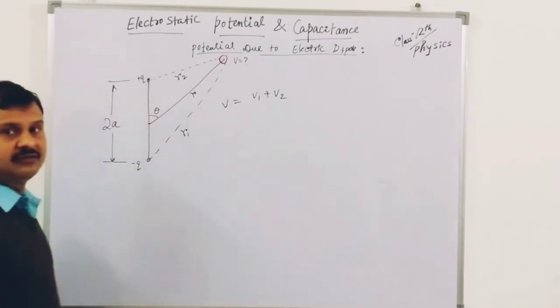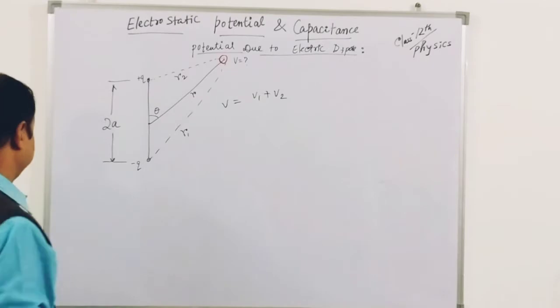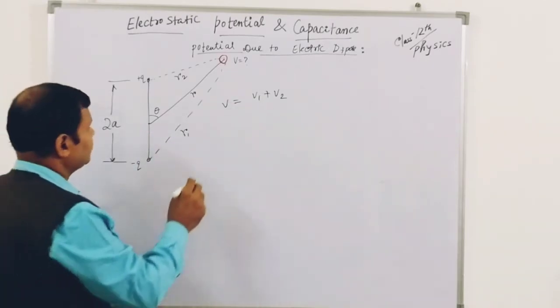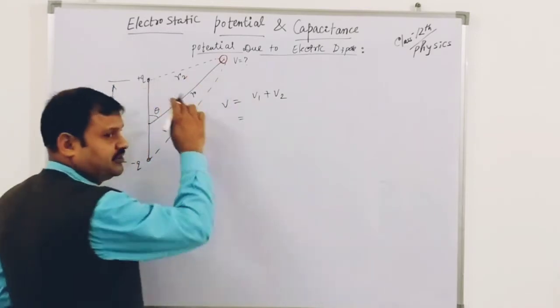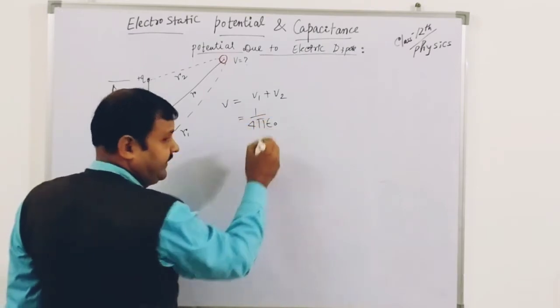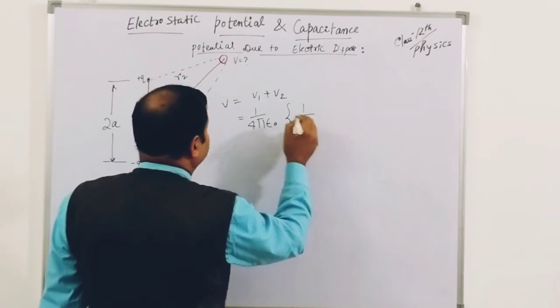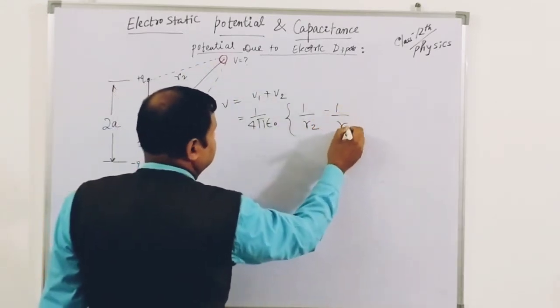So the overall potential will be V1 plus V2. But one charge is negative, so it will be negative. As you know, this is 1 by 4 pi epsilon naught, or K, times 1 by r2 minus 1 by r1.